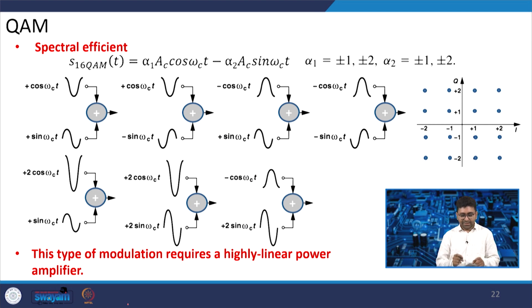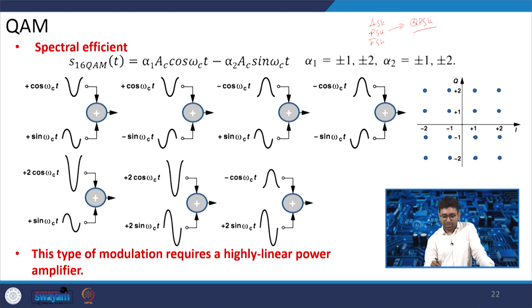So we have seen QPSK, and the next is QAM. What are the modulation schemes up to now? We have seen ASK, PSK, FSK, then the advanced version of PSK, QPSK. We also observed the constellation diagram for PSK, FSK and QPSK. Now there was a phase change that we have seen in QPSK.